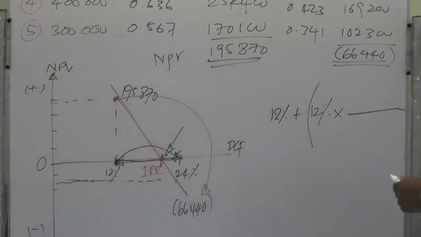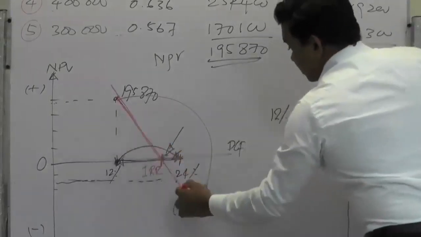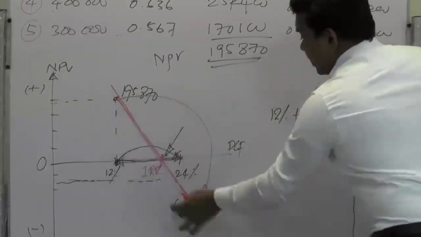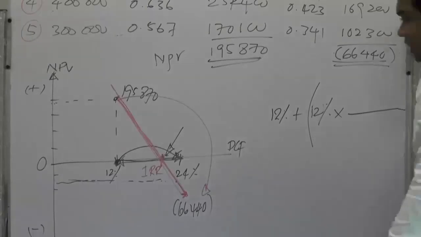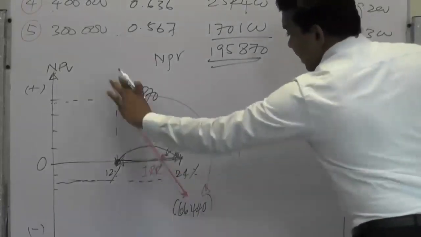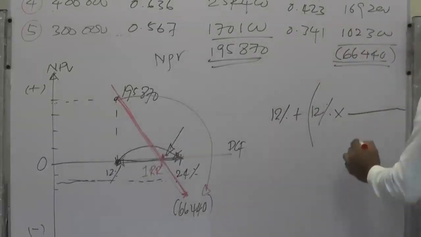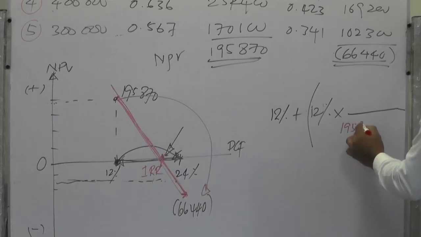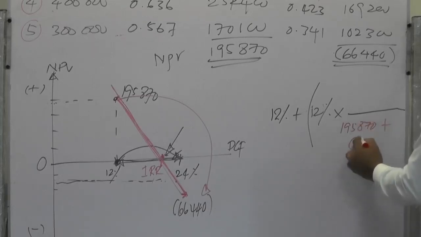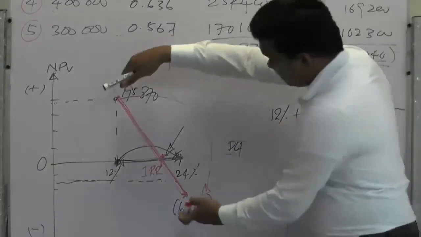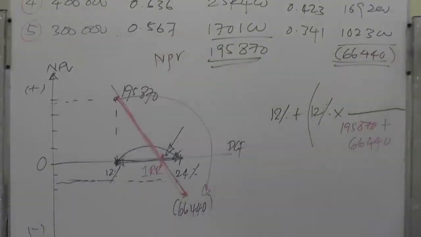66,440. That means to take this total distance, assume this total distance in kilometers, you have to add two numbers, ignoring the sign. If you consider the sign, you can't take the total distance. To have the total distance, you need to take 195,870 plus 66,440. This is the total distance, the sum of these two, right?